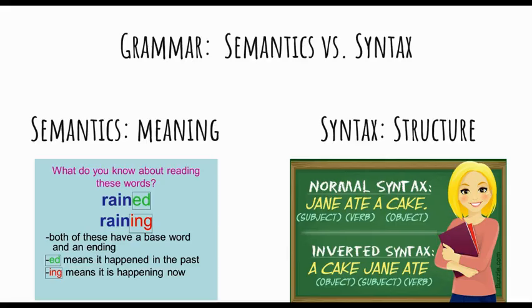When you look at other languages, sometimes they have different rules of syntax, different rules of structure, where like in Spanish, you would say house white, instead of in English where you would say the house is white. So each language has its own syntax or rules of structure with regards to their language.